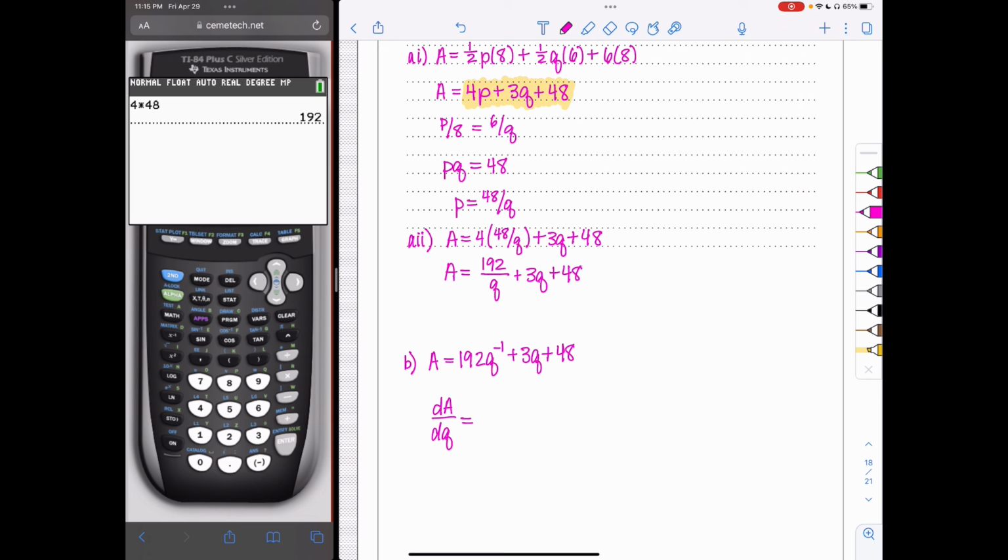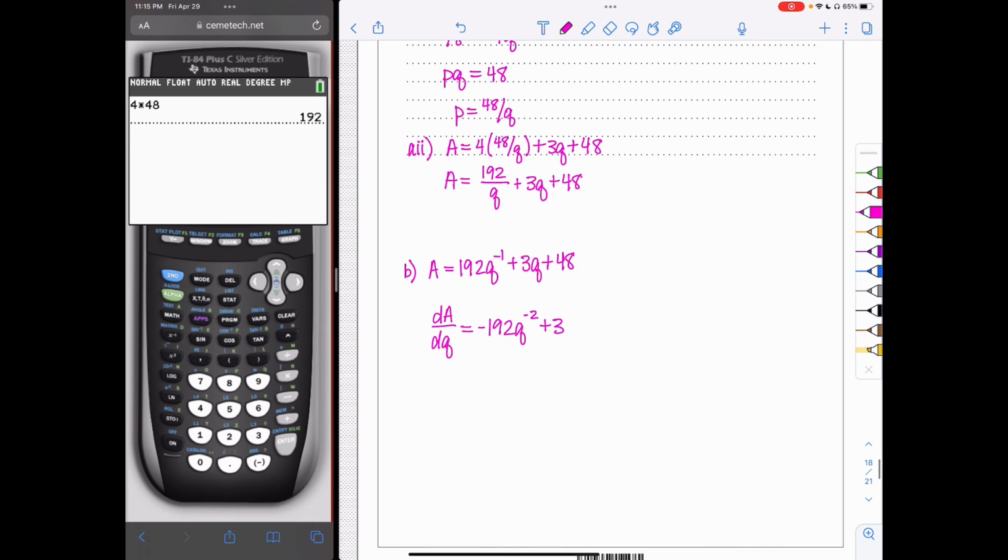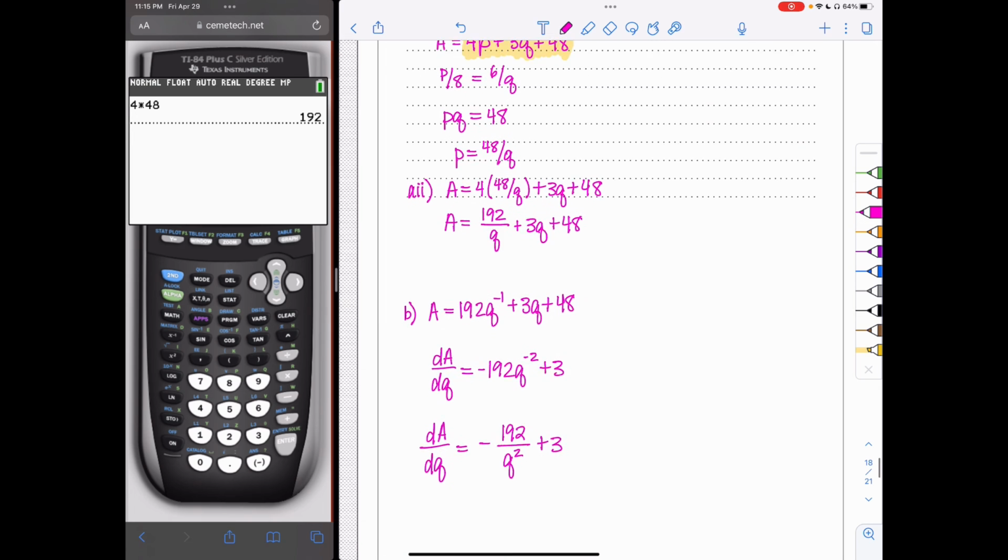To find my derivative, I will bring down the negative 1. So that's going to be negative 192 times Q to the power negative 2 plus 3. And of course, we do not use negative exponents, so when I change it, it's going to be negative 192 over Q squared plus 3. So that is my derivative for part B.